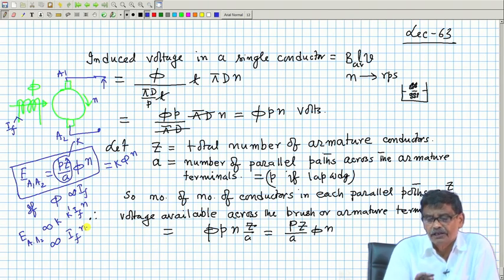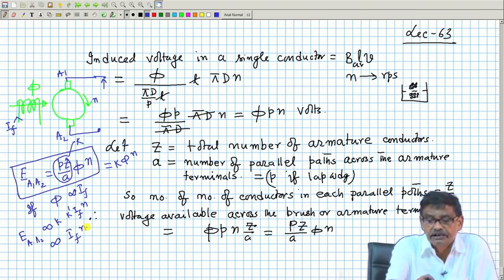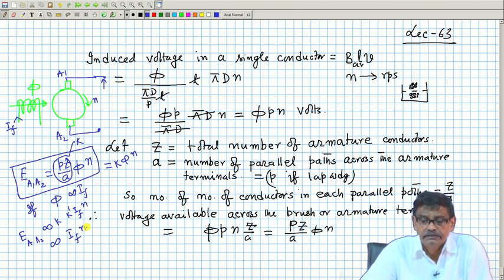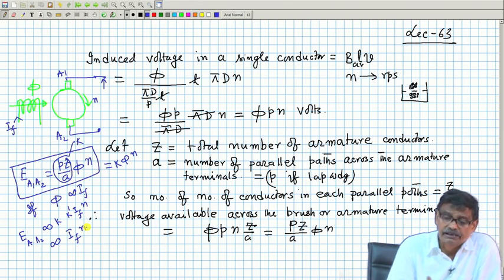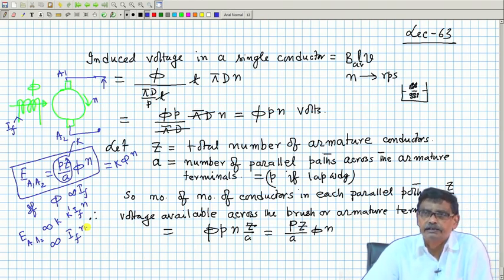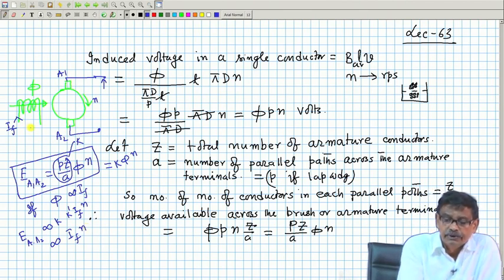So, the generated voltage is proportional to IF into n. It looks like for a fixed speed, if you go on increasing the field current, your generated voltage will increase, and such an arrangement for producing voltage, I will also tell you the name, is called a separately excited DC generator. That is, the field winding requires a separate excitation from a DC source here.